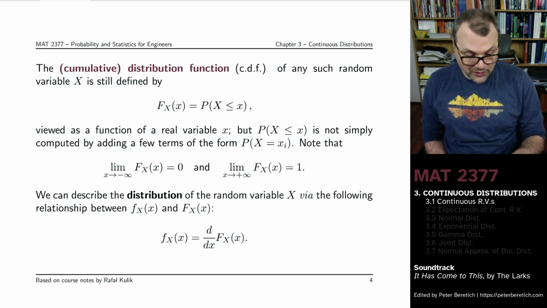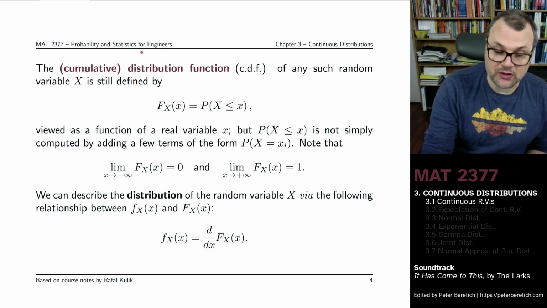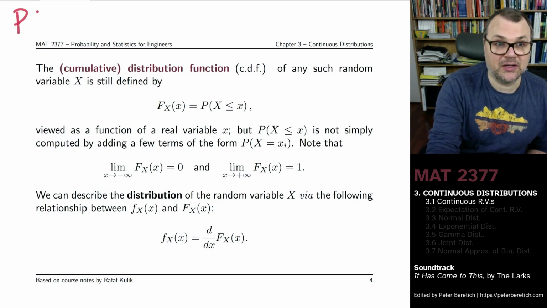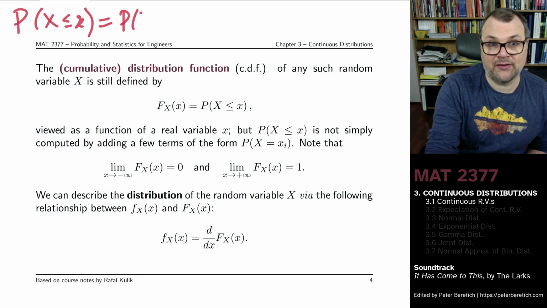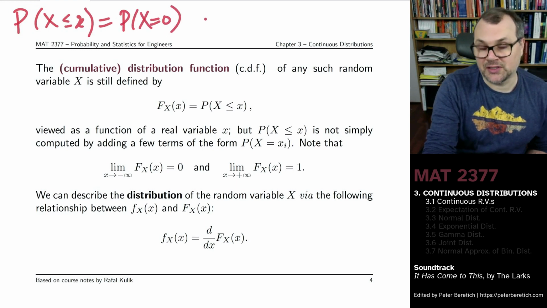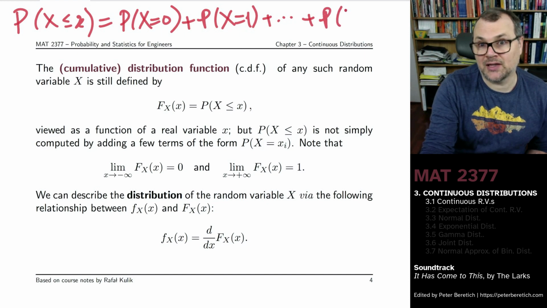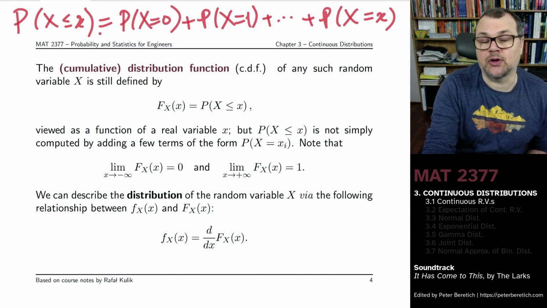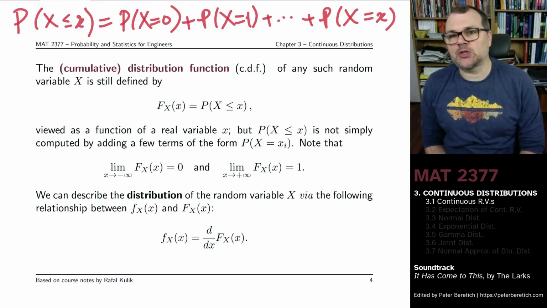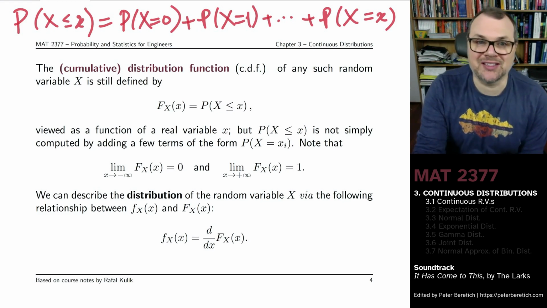Whereas before, in the discrete case, we could, in theory, write this probability as, for instance, probability that X is equal to 0 plus the probability that X is equal to 1 plus and so forth all the way up to x, assuming you start at 0, but presumably you could also go to x equals -1, -2, and so forth. You can't do this with continuous variables anymore because there's infinitely many values it could take.